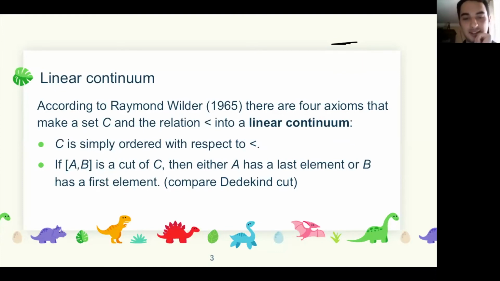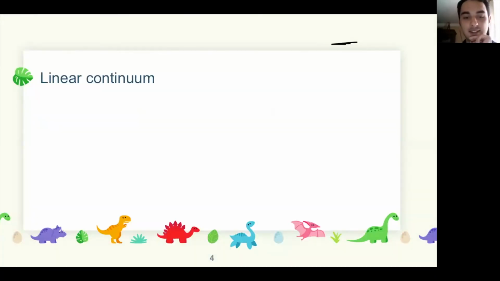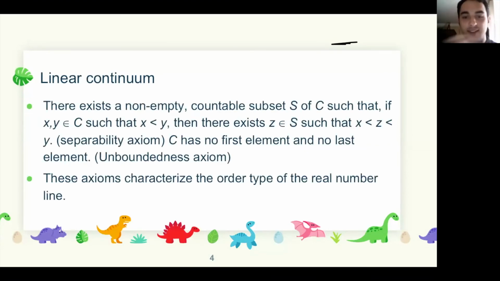And another axiom: there exists a non-empty countable subset C of S such that for X and Y in S with X less than Y, there exists Z in S such that X is less than Z is less than Y. This is the separability axiom.